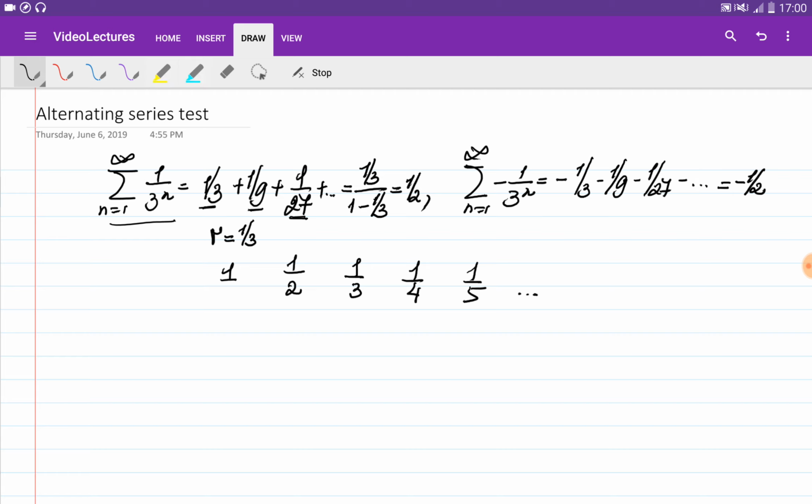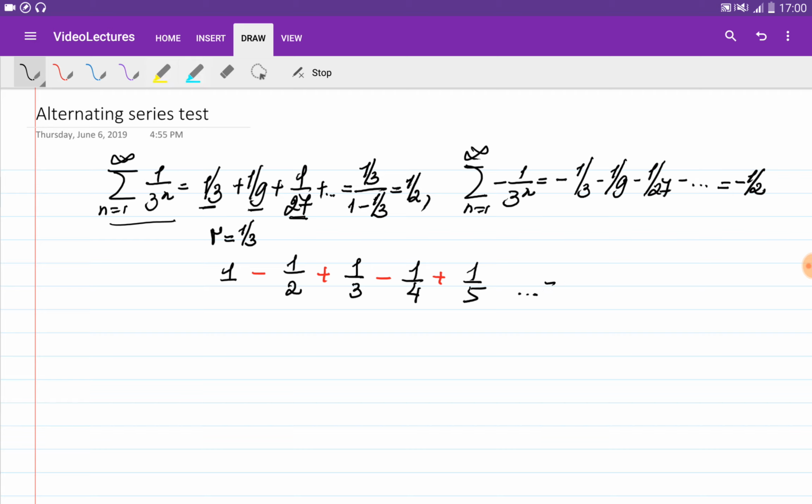So there is a special case for series when the signs of the terms alternate: minus, plus, minus, plus. This is the case of the alternating harmonic series, when the signs of the terms alternate.